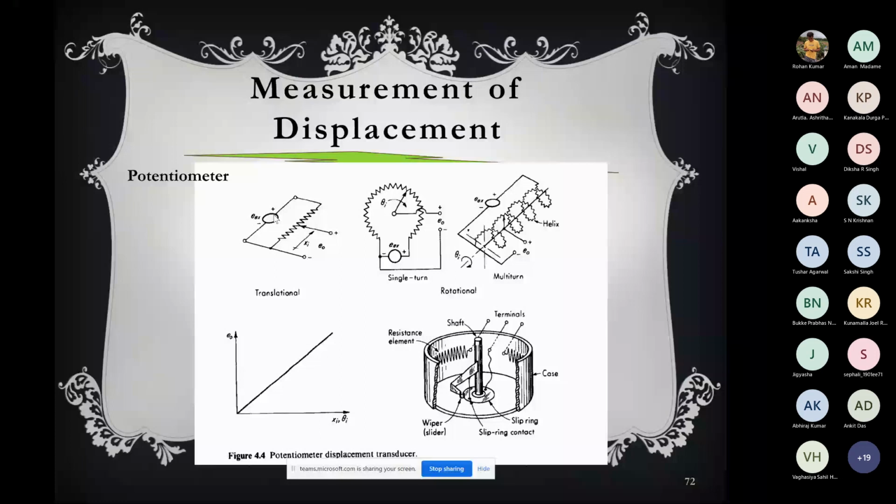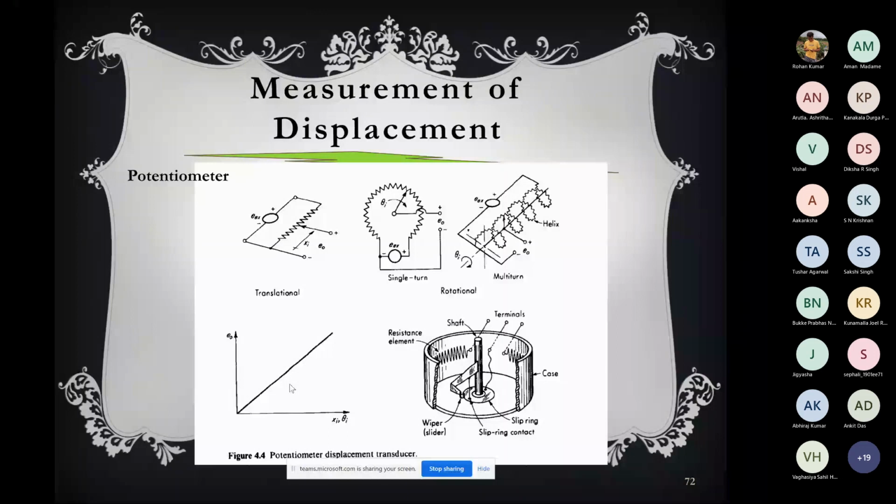On the x-axis we plot Xi, on the y-axis we plot E0. As Xi varies, E0 increases linearly. So it is a linear instrument, provided the voltmeter we use to measure the output voltage has infinite resistance and no current passes through it, so there is no loading effect. This is for the ideal situation.